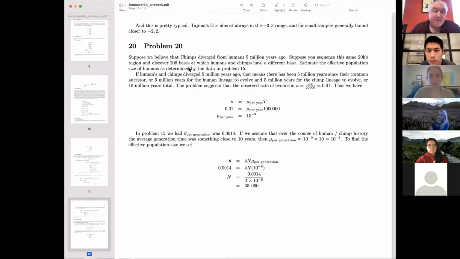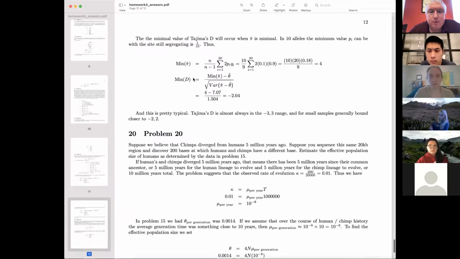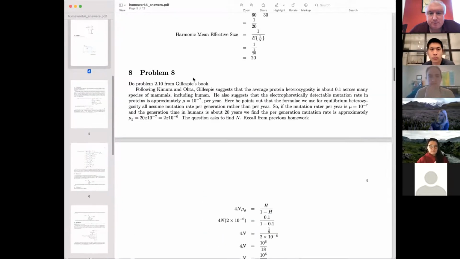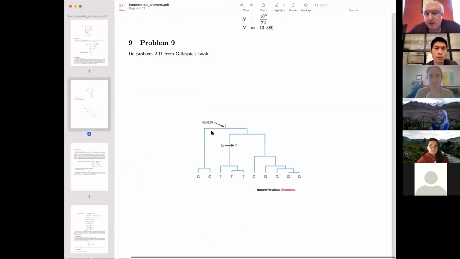But since then, the way you might want to visualize the difference between humans and chimps is with this picture. This is the human coalescent, and the average time back to the common ancestor of all of us is 4n generations.